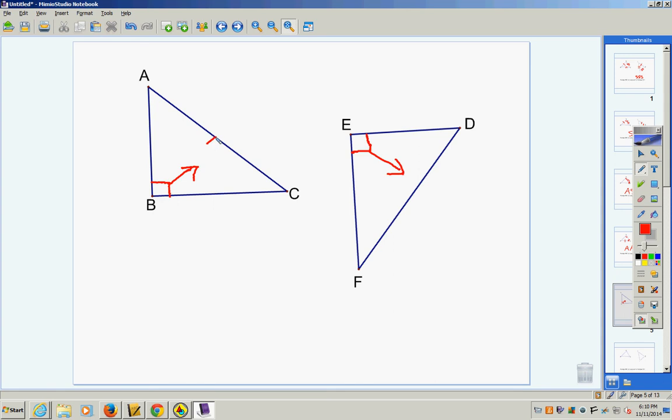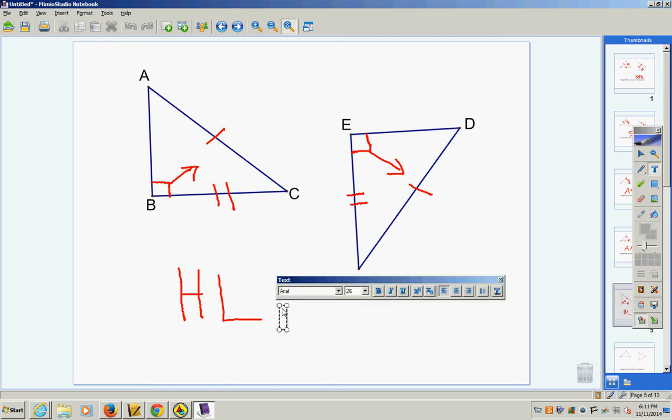So if the hypotenuse here is congruent to the hypotenuse here, and one of the legs, say BC, is congruent to one of the legs over here, EF, then these two triangles are congruent by what's called hypotenuse leg, but this only works for right triangles.